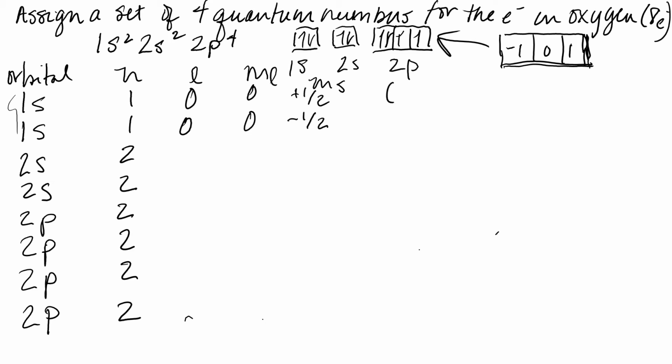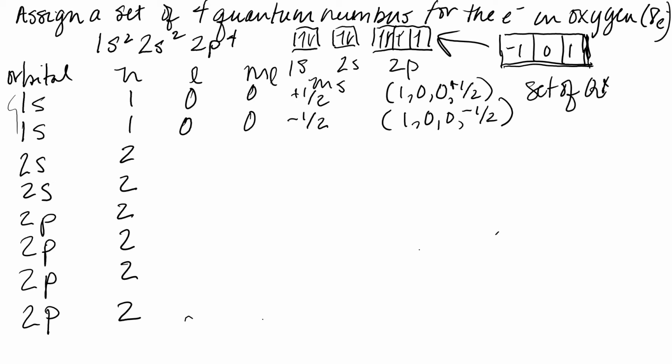So the set of 4 quantum numbers for these 2 electrons are written like this. Well, for all of these, for that matter. So this is how you write a set of quantum numbers. I'm showing you how I like to organize this so I get them right.